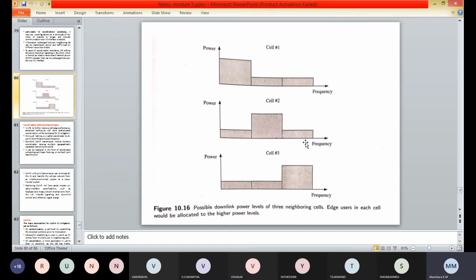Based on the relative narrowband transmit power indicators from the neighboring cells, each E node B schedules accordingly.